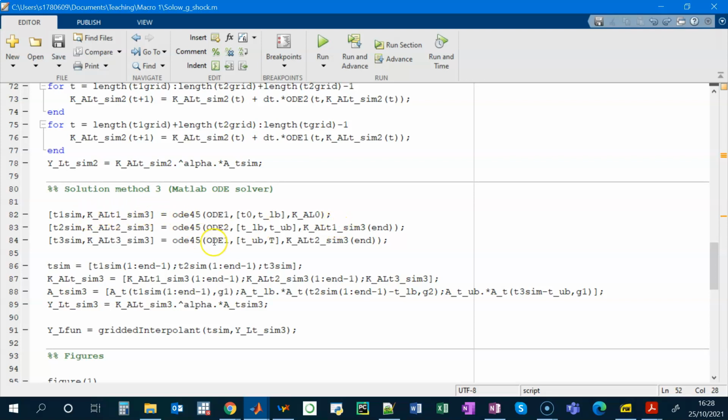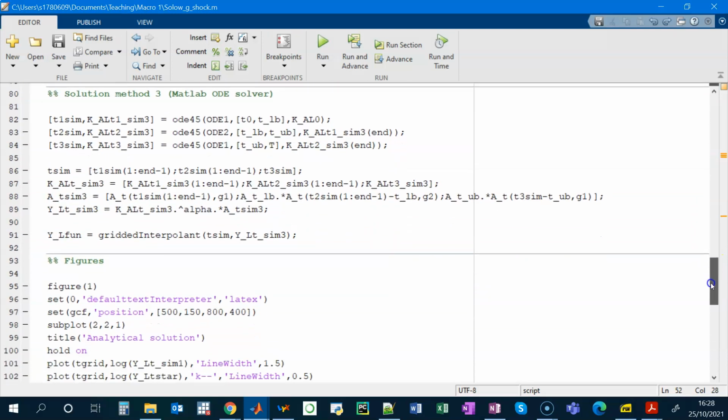And likewise for series 3 in line 84. In line 87, I'm just stitching these 3 time series together, and line 89 gives me output per worker.